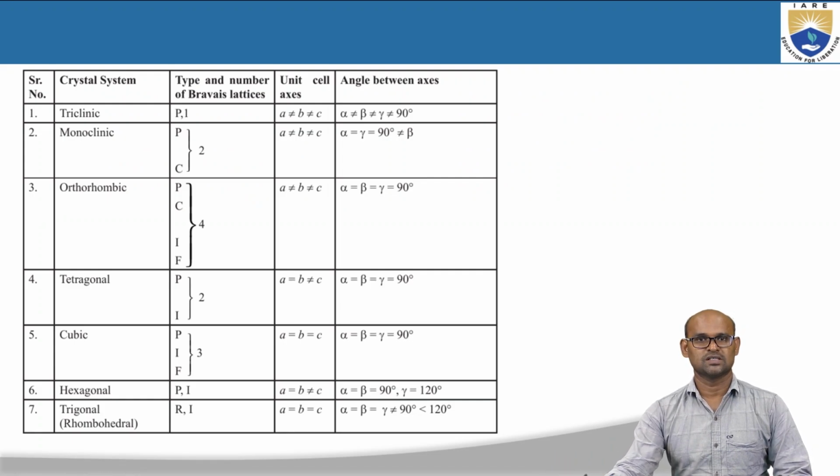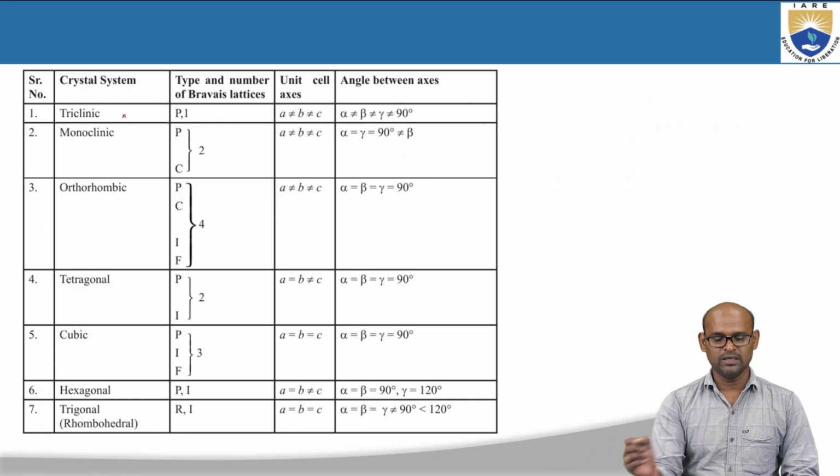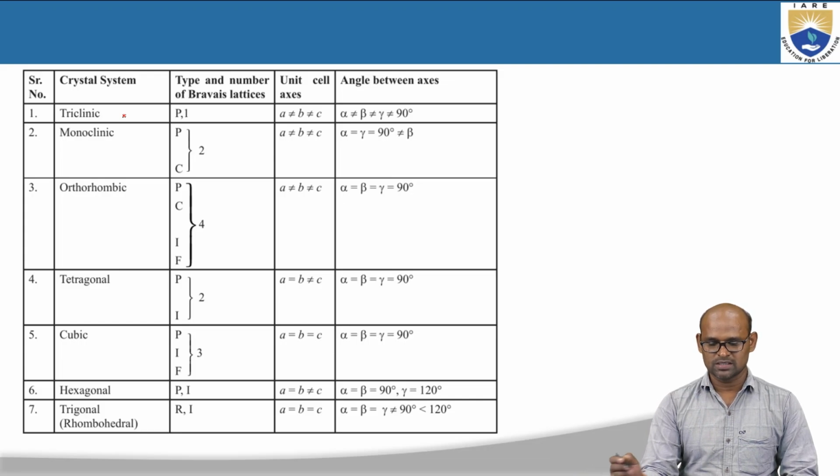These are the 7 crystal systems, starting from triclinic, and we are discussing the interatomic distances or axial lengths A, B, C.